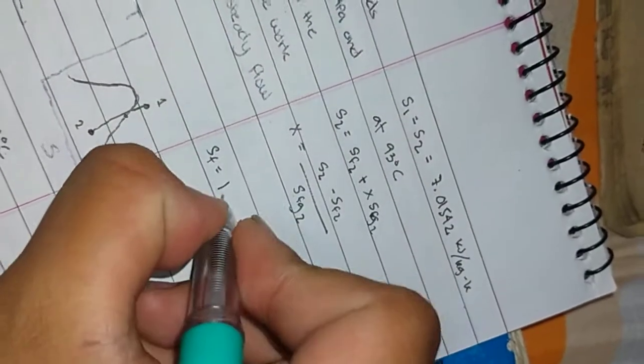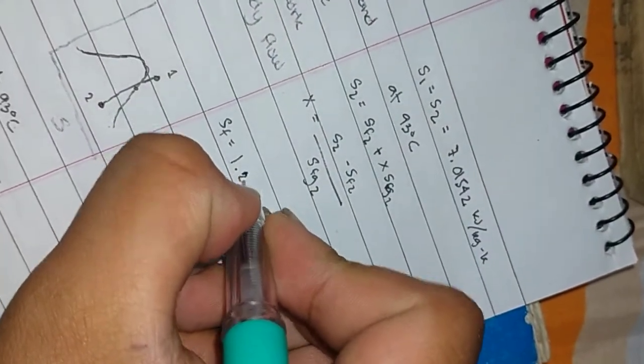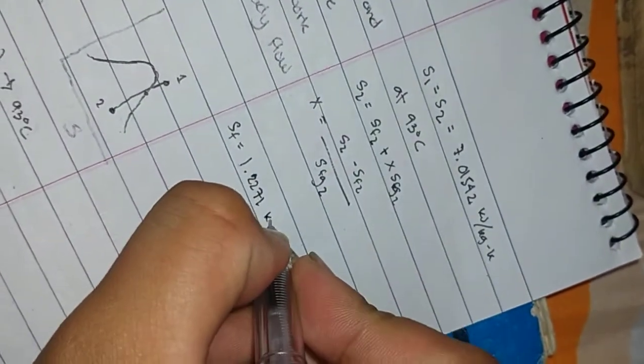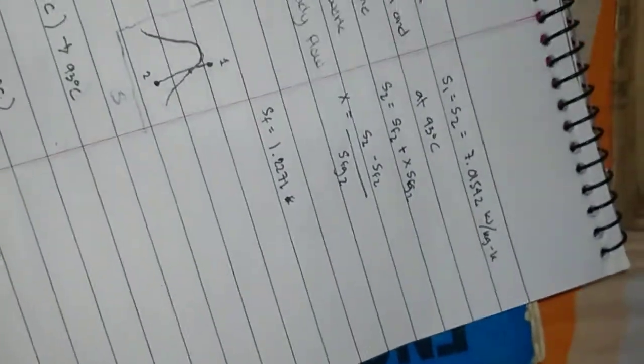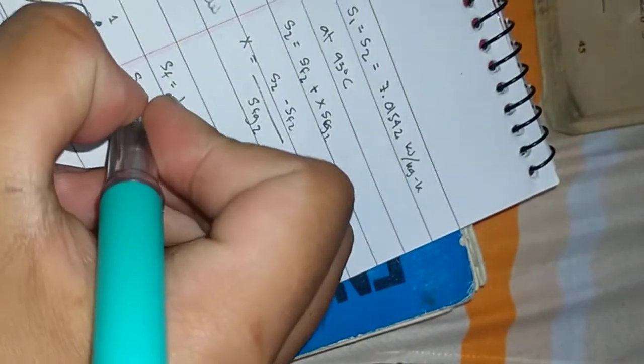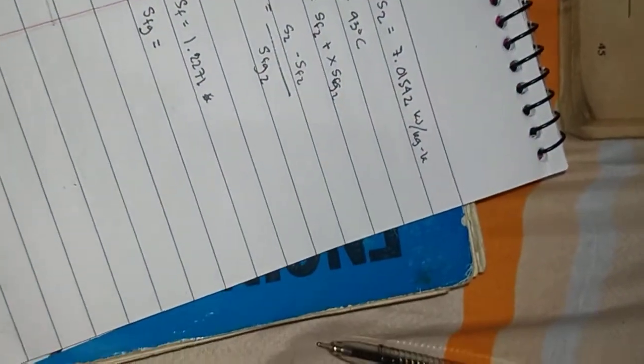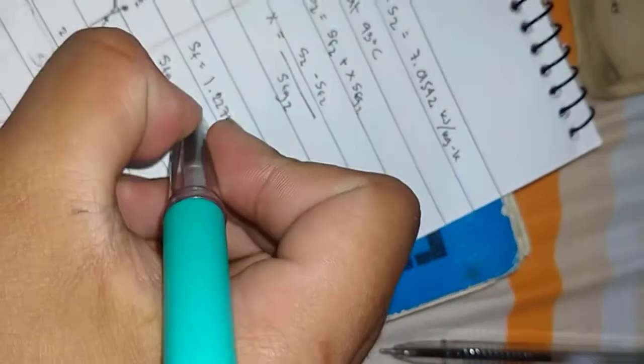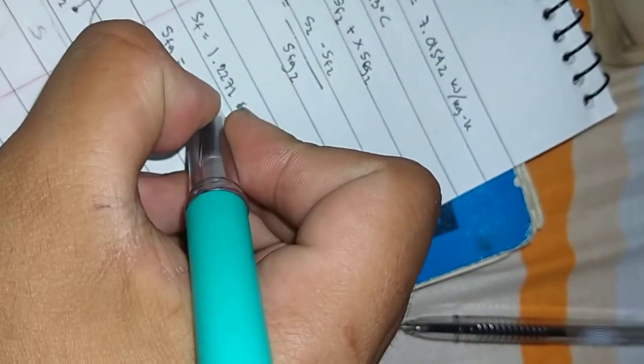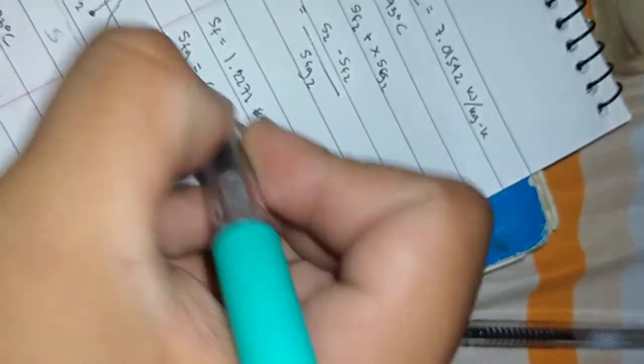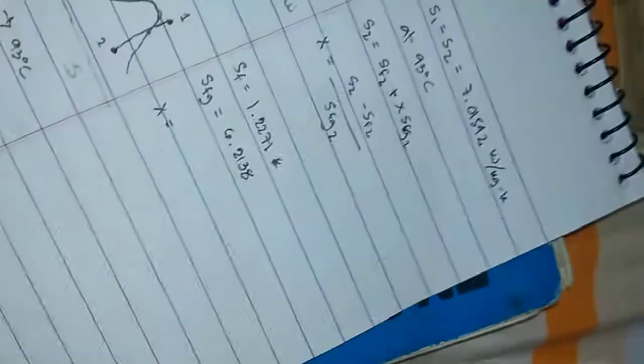Then SFG is equal to 6.2138. So 6.2138. So you can now solve for x.